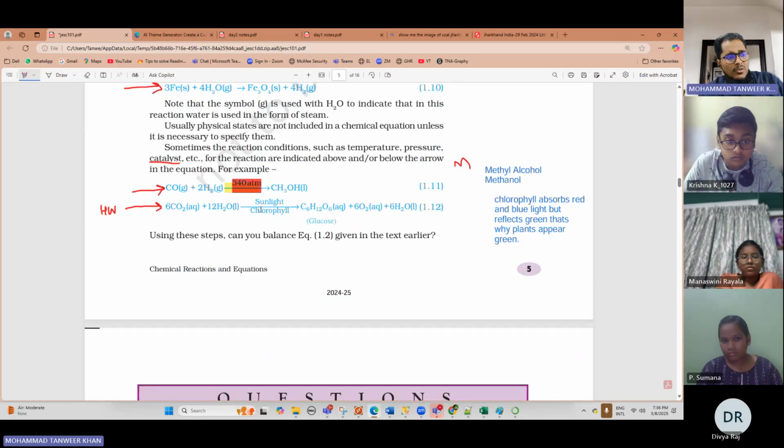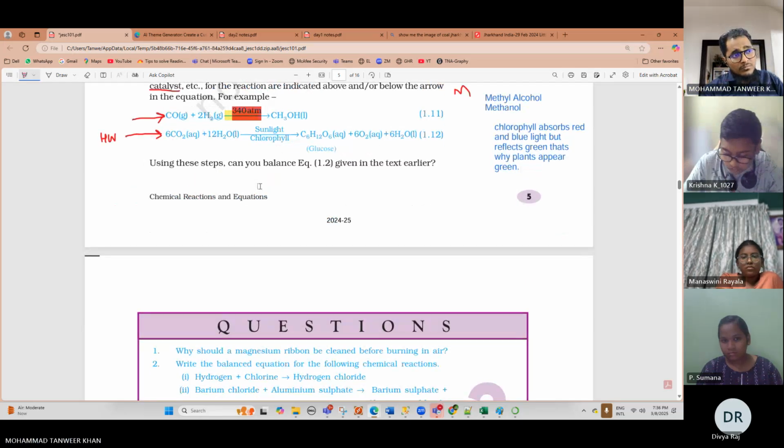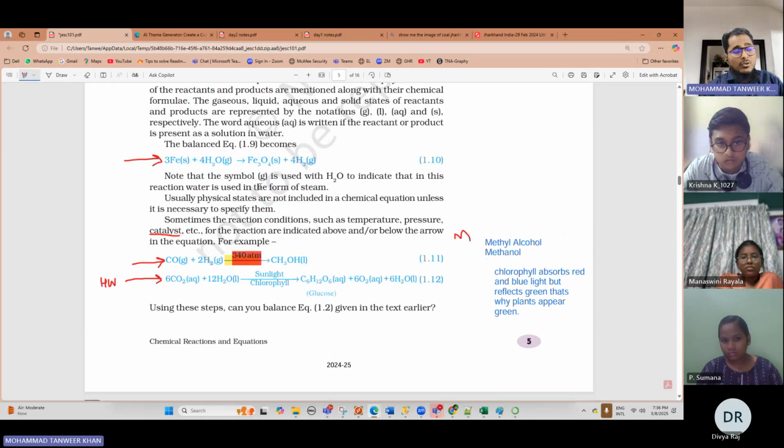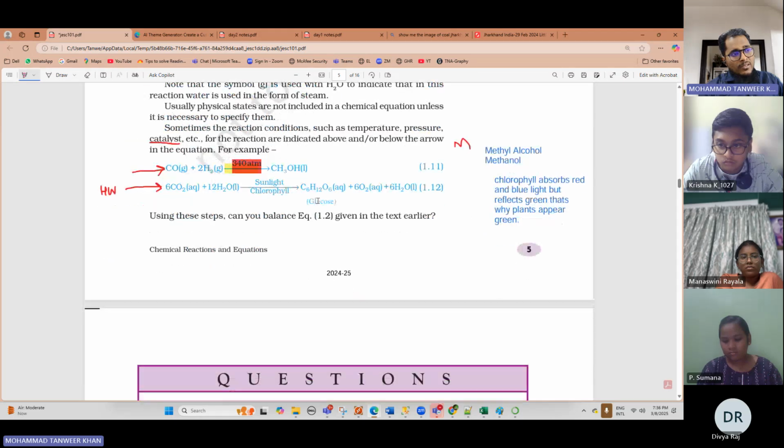Then I can ask for the equation, show me the chemical reaction for photosynthesis. Or I can also ask, write the chemical formula for maybe sulfuric acid, glucose, slaked lime, quick lime, methanol.